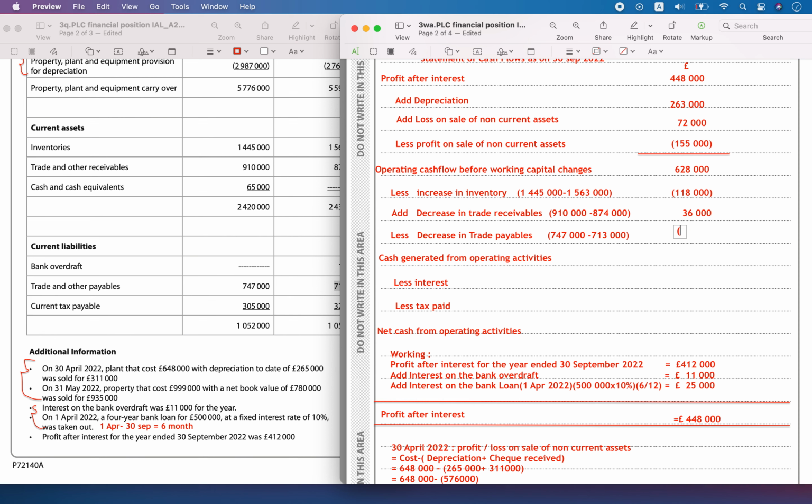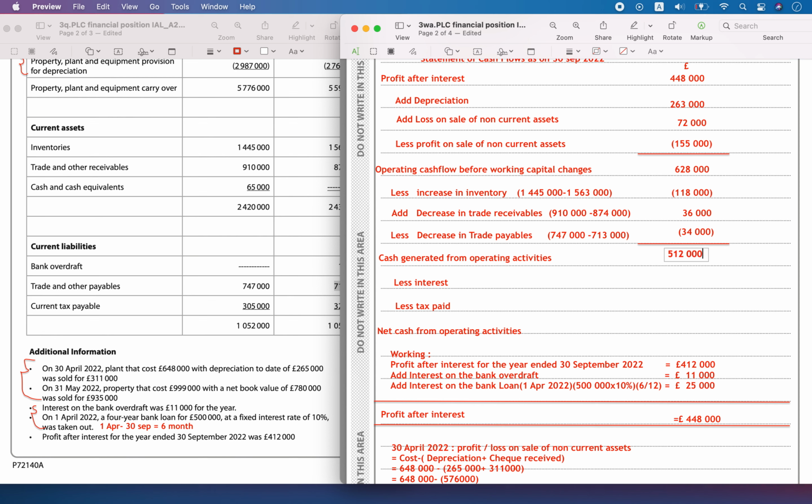So I will have to subtract in this case, 34,000. Now let's calculate the cash generated from the operating activities. So 628,000 minus 118,000 plus 36,000 minus 34,000 is equal to 512,000.